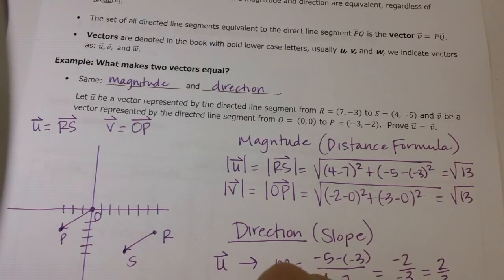Same thing with v: the slope of v is (-2 minus 0) over (-3 minus 0), which also gives us -2 over -3, or 2/3.